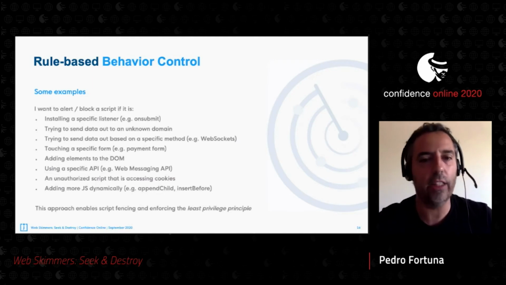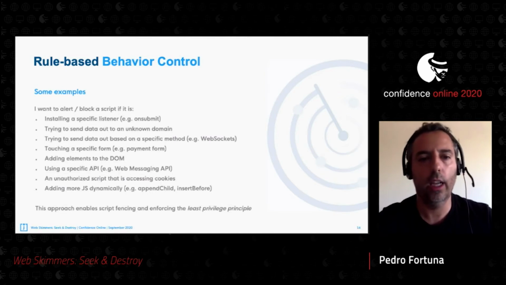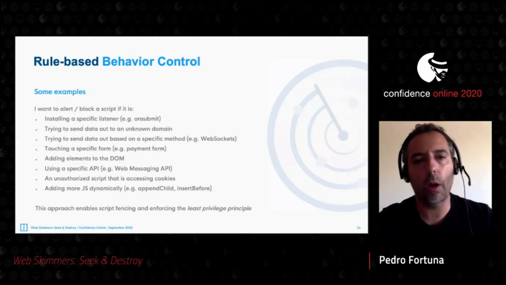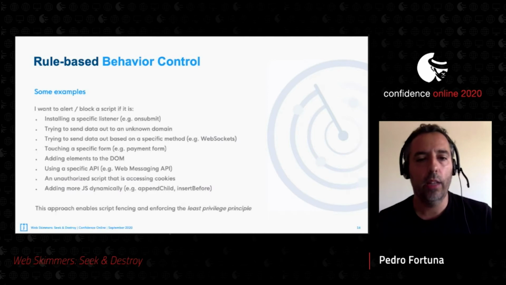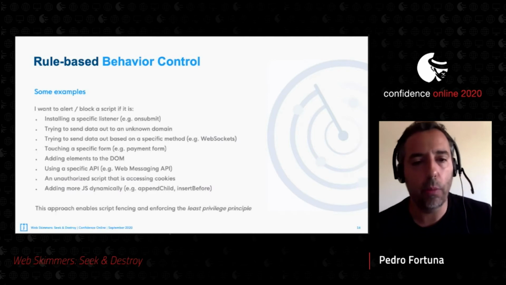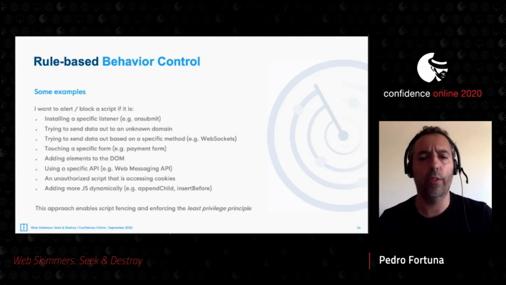You don't have fine-grained ways of controlling and enforcing specific behaviors that you want to allow and behaviors that you don't want to allow. So you can block JavaScript from adding elements to the DOM, so changing the interface, or using a specific API, or even adding more JavaScript dynamically using append child or insert before, for instance.